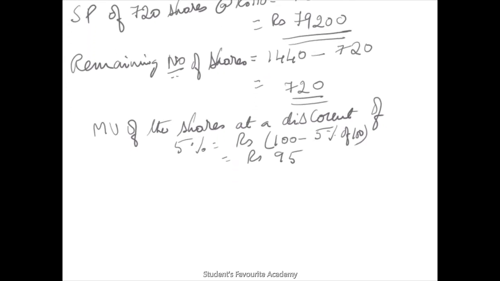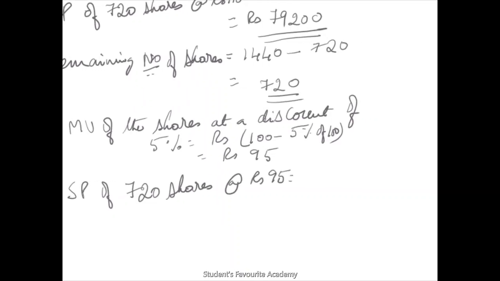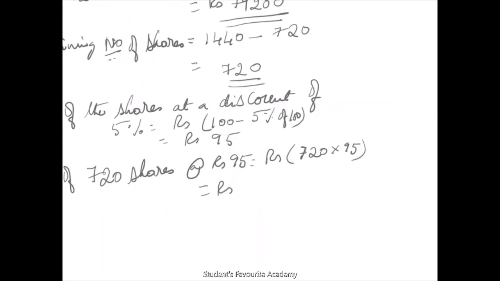Okay. So selling price of 720 shares at the rate of rupees 95 will be rupees 720 multiplied by 95. So let us multiply 720 multiplied by 95.